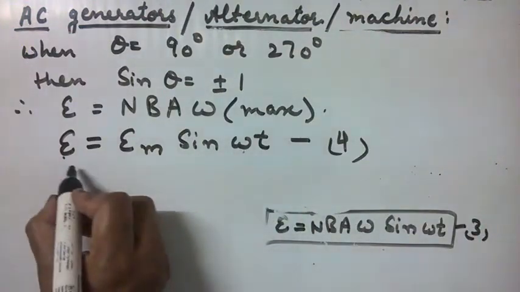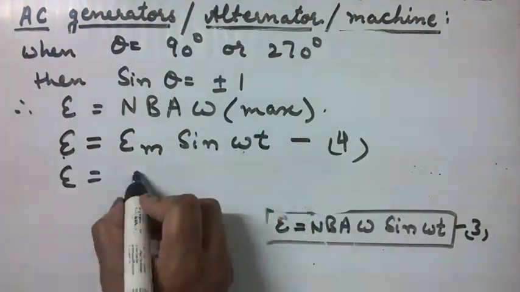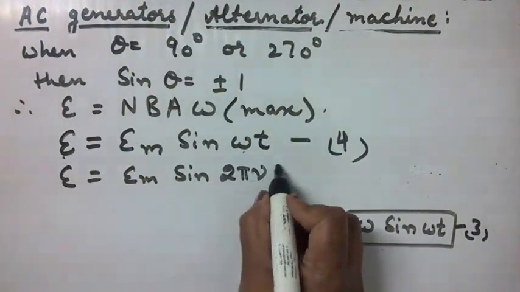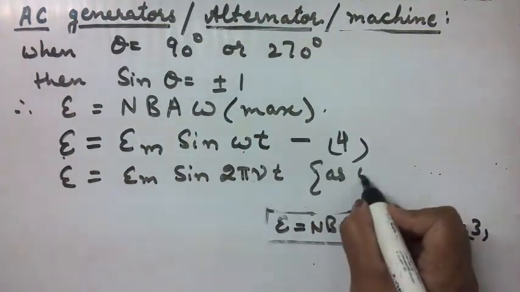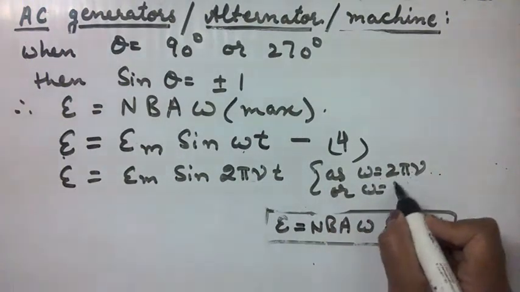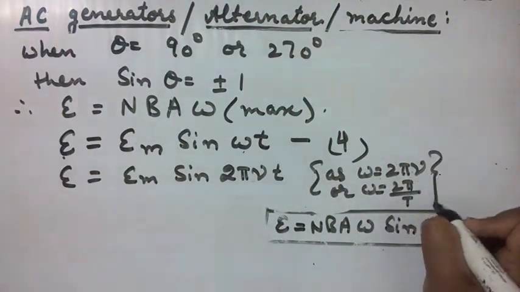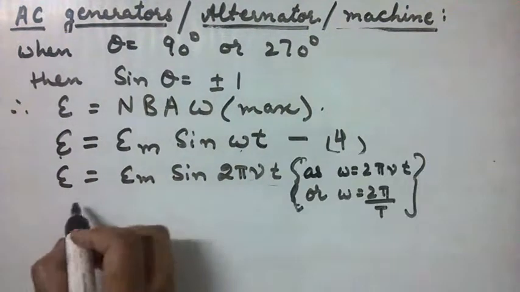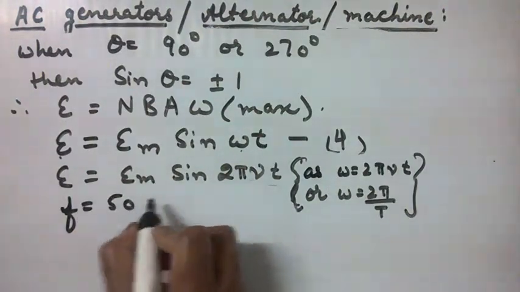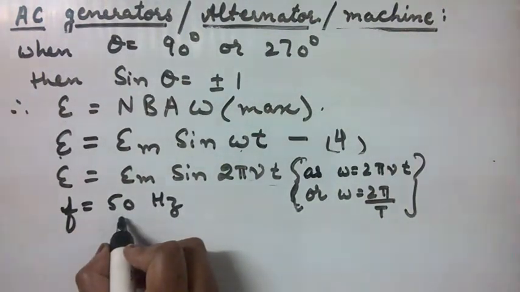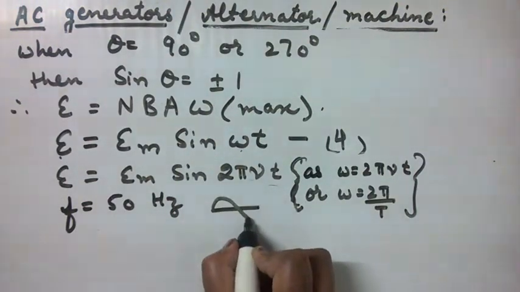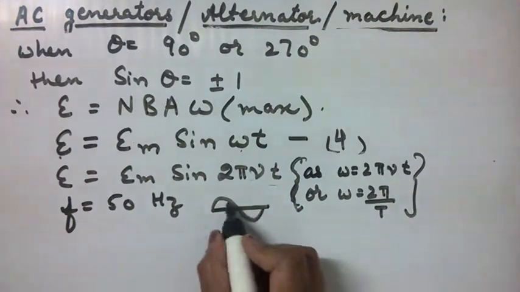Or, as we know that omega in terms of frequency can be written as sine 2 pi nu into t, as omega is equal to 2 pi nu or 2 pi by capital T. Frequency of alternating current in India is 50 Hertz, that is, number of revolutions per second is 50, and we know that alternating current changes its direction 2 times in one complete cycle.